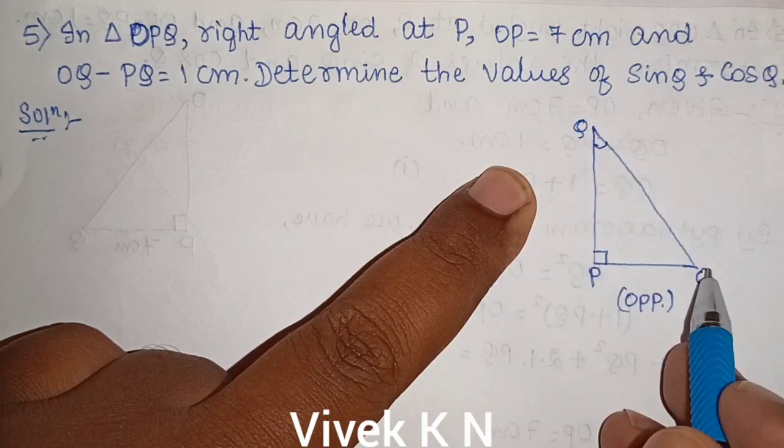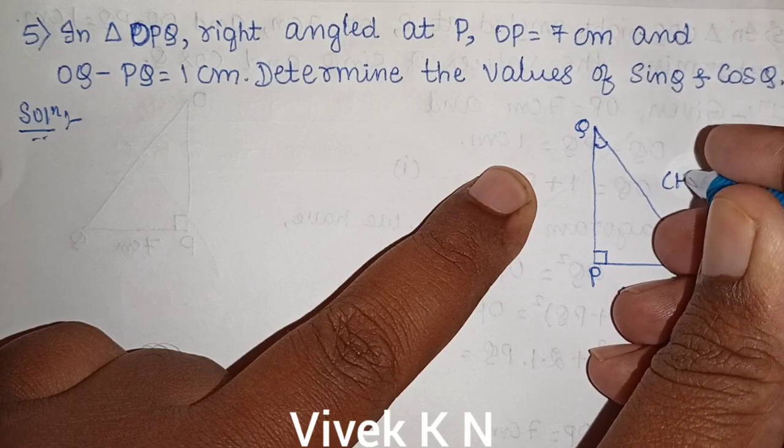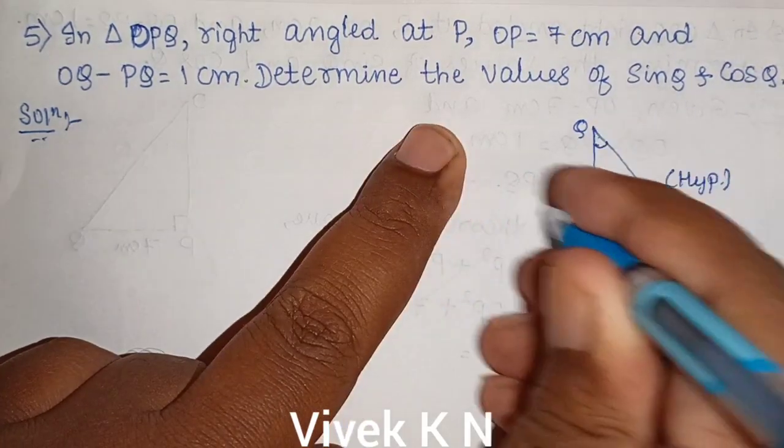And the longest side of the right angle triangle is known as hypotenuse. And this is the adjacent side.